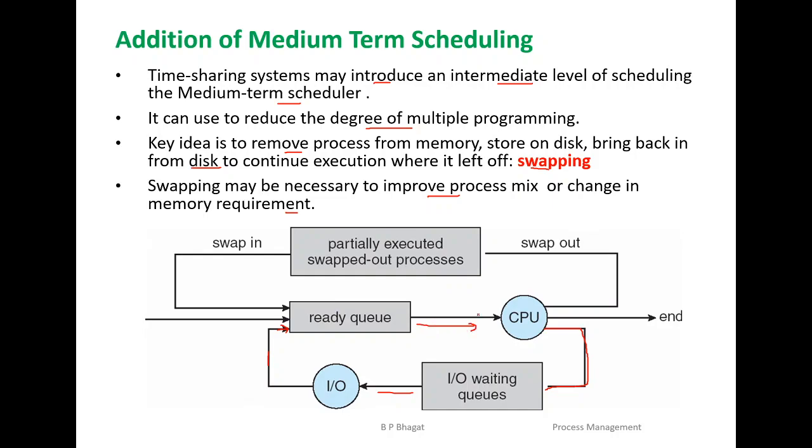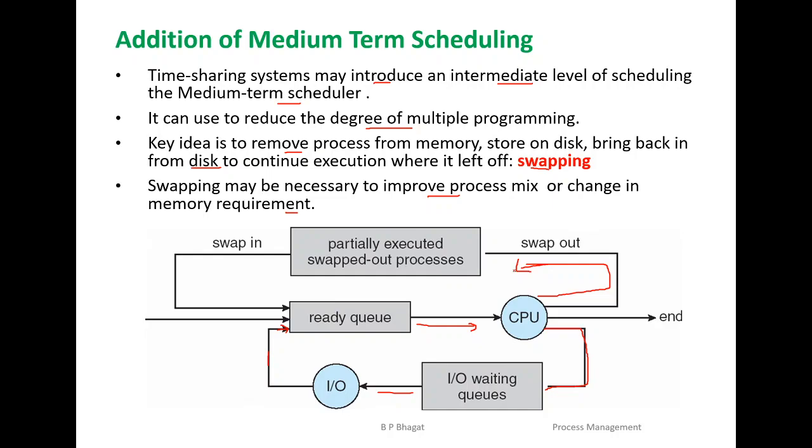Sometimes, once the partial execution of a process is completed and the process is in the wait state for a longer period of time without doing any work, the process may be swapped out for some amount of time.